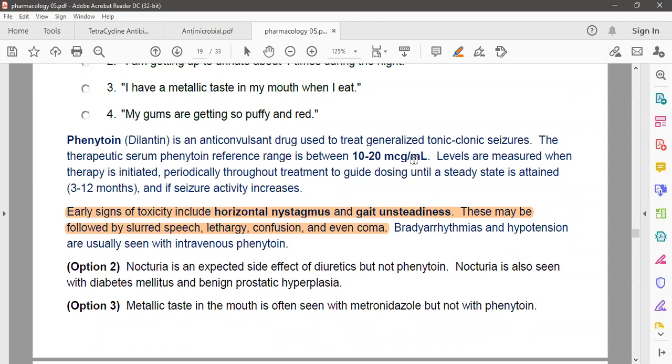In this question, our patient is 27. It is more than normal. The level is measured when therapy is initiated and periodically throughout the treatment to guide dosing until a steady state is attained, and if the seizures actively increase.